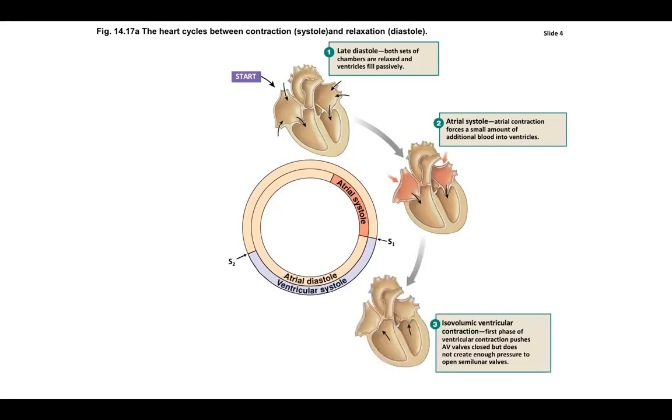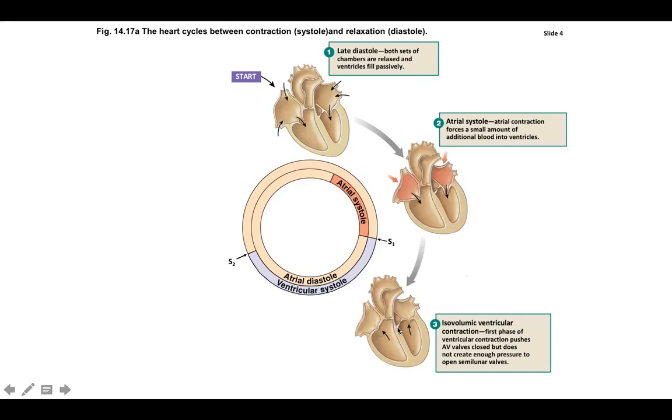The next step is that the ventricles start to contract. When the ventricles start to contract, the first thing that happens is that the atrioventricular valves close. And the force that's created when they start to contract is not quite enough to open up the pulmonic and the aortic valves. There's not quite enough force.